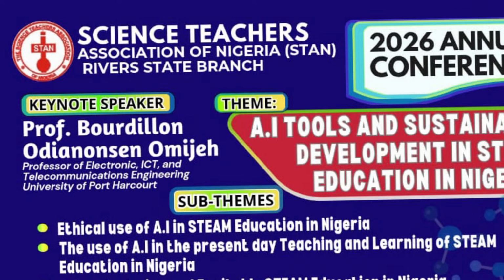I'm also looking at this topic. Artificial intelligence for inclusive and equitable STEM education in Nigeria: opportunities, challenges, and implications. It's much. How many words? About 17.